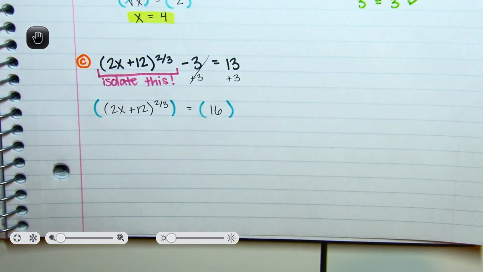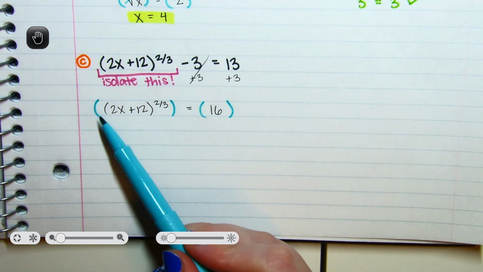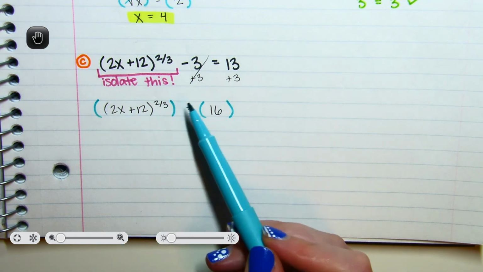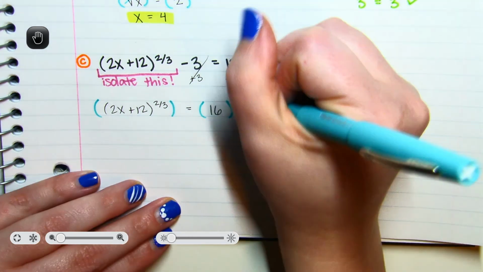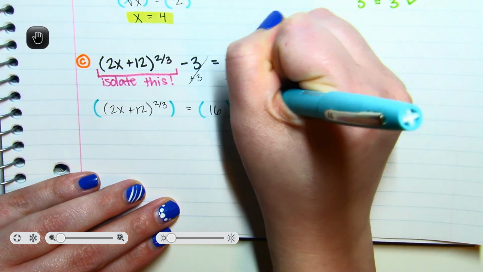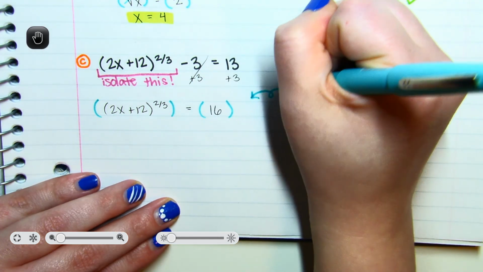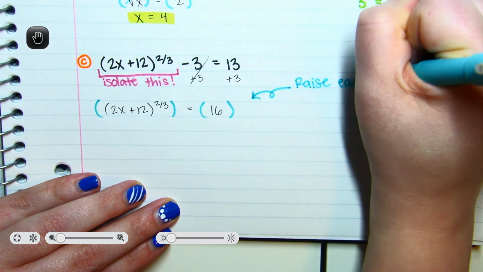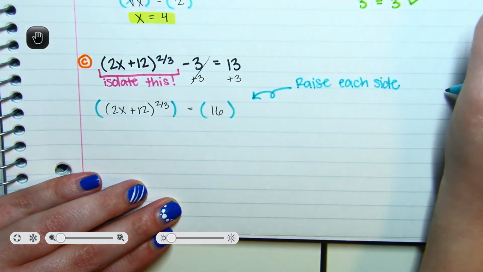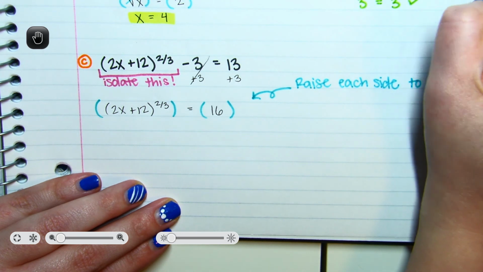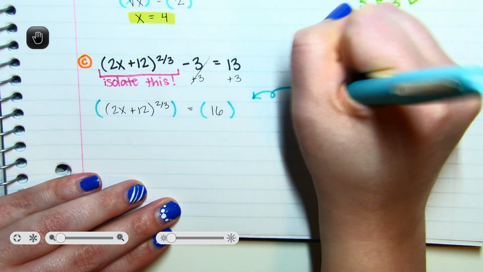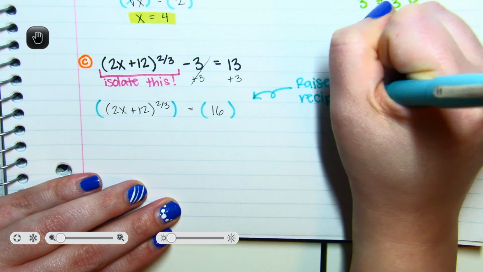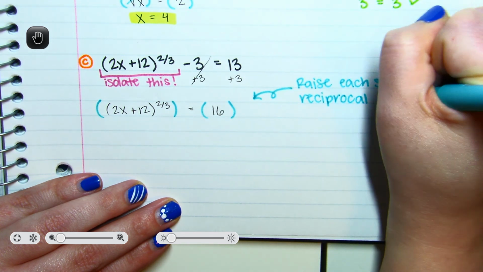But we don't have the index written in terms of just having the square root. So what we do here is raise each side to the reciprocal power.